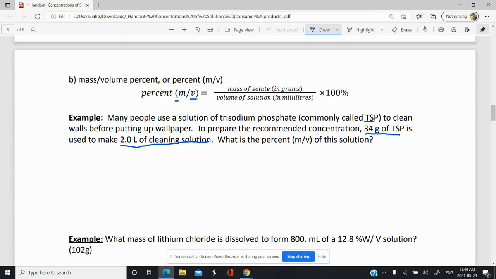So first of all, our equation is percent mass volume is the mass of the solute in grams over the volume of the solution in milliliters times 100%.